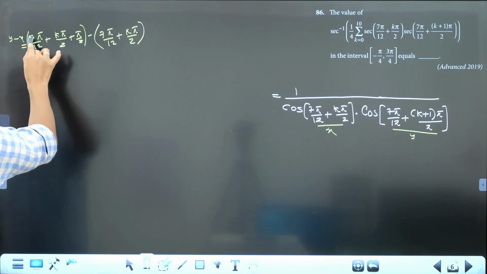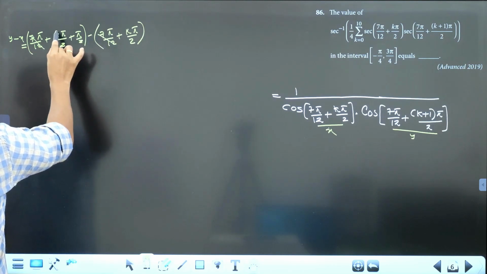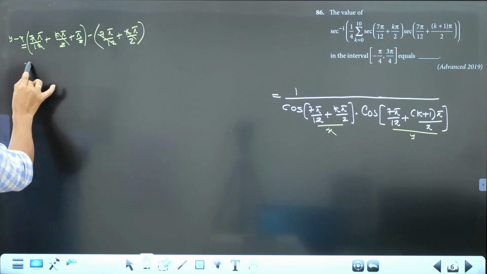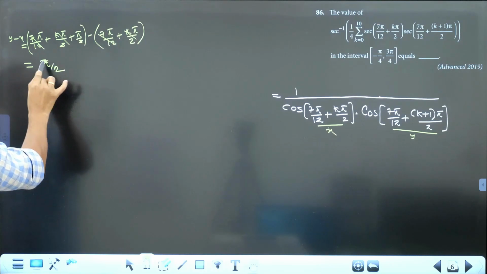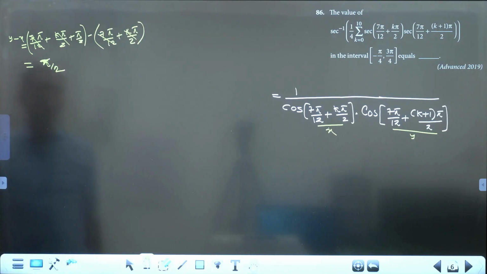When we subtract, these cancel, these cancel, and there is only pi by 2.